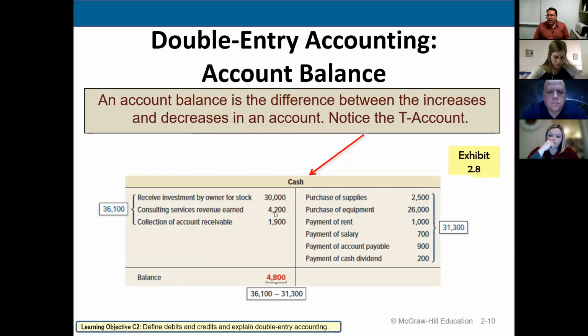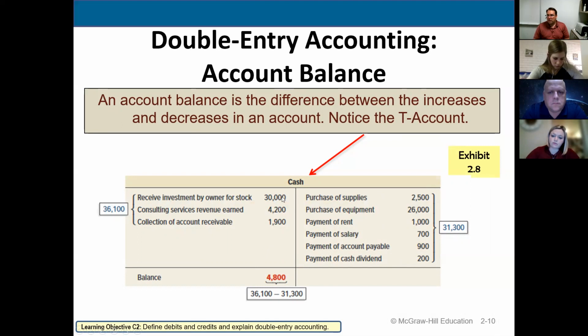And so each time cash was increased, they debited the account. 30,000, they received an investment from the owner. 4,200 for consulting service revenue that they earned, 1,900 for collection of accounts receivable. And then they credited the account each time something reduced the cash in the account. So when they purchased supplies, purchased equipment, paid rent, etc.